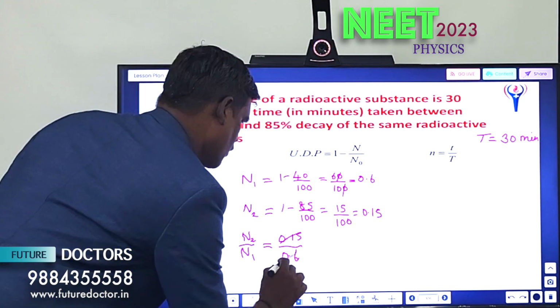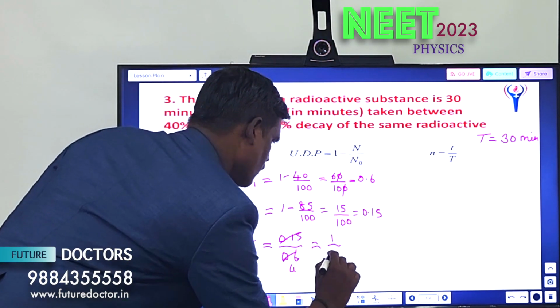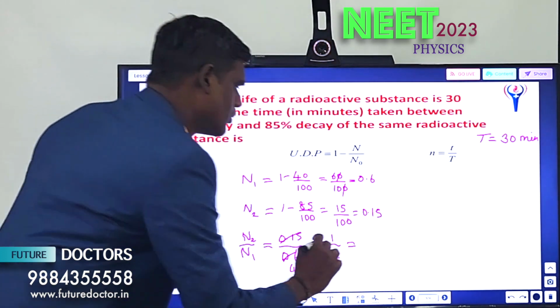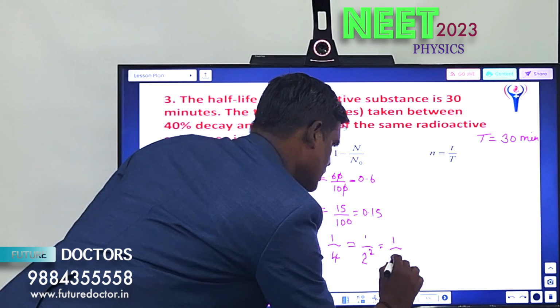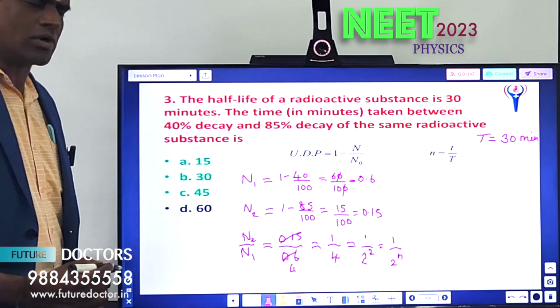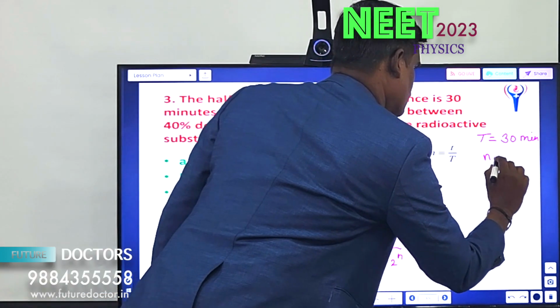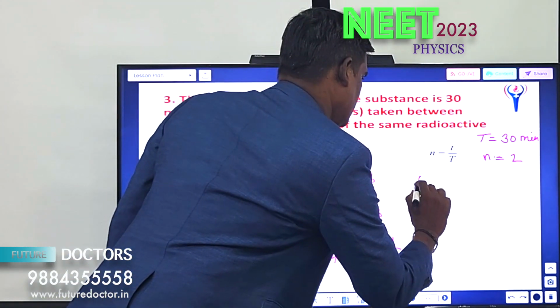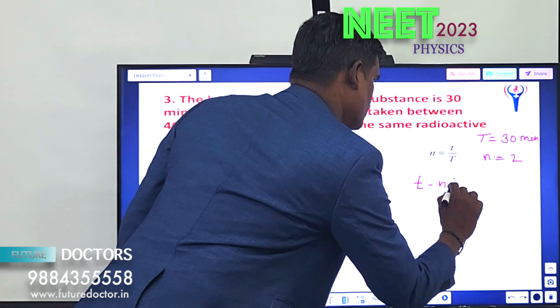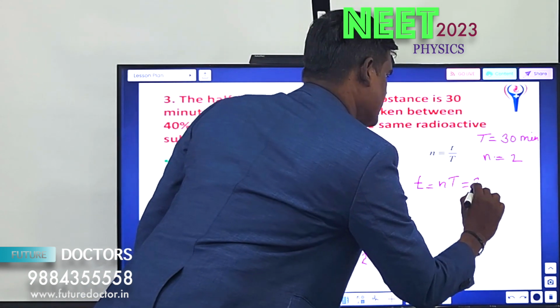Then it gives 1 by 4, equal to 1 by 2 power 2, that is equal to 1 by 2 power n. From that n equal to 2. And here also you want to find small t only. t equal to n into capital T. And n is 2.